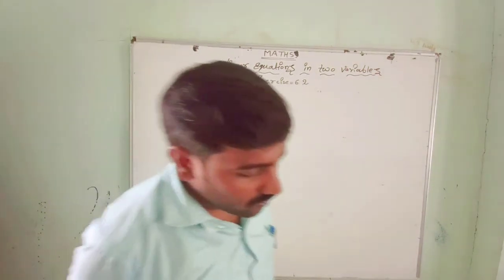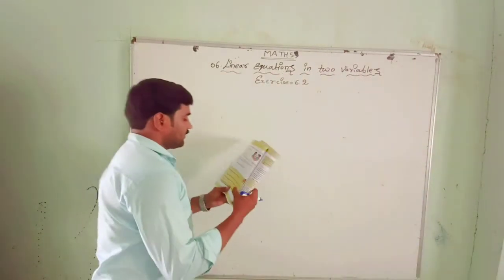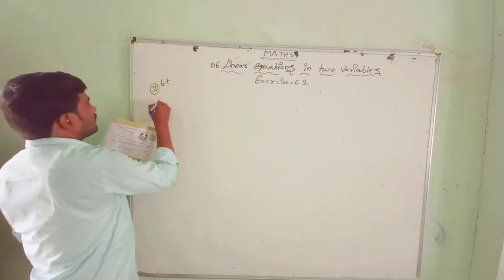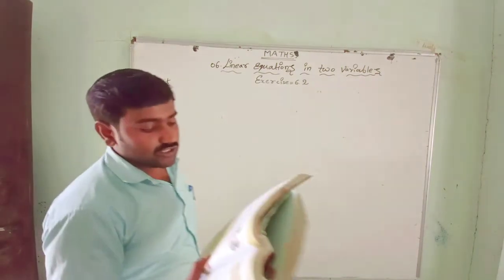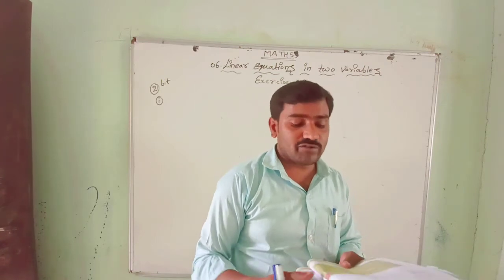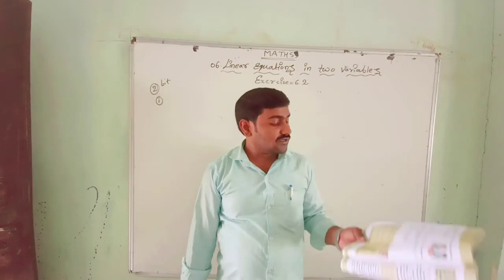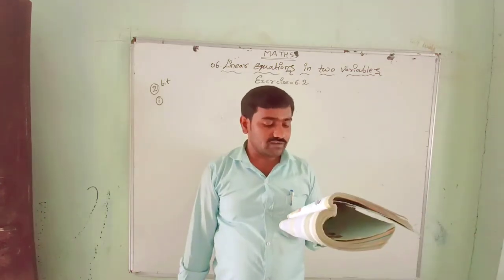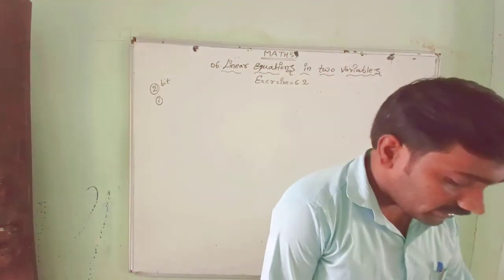Yes. Now we go for the second bit. What we have to do in the second bit? See, if (0, a) and (b, 0) are solutions of the following linear equations, that is, (0, a) is a solution and (b, 0) is also a solution of the given linear equations, find the a value and b value.